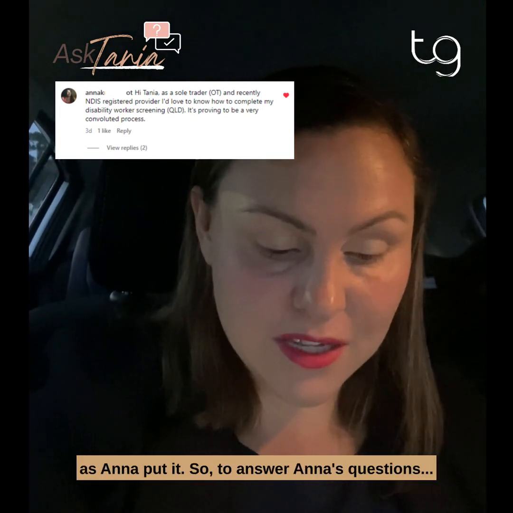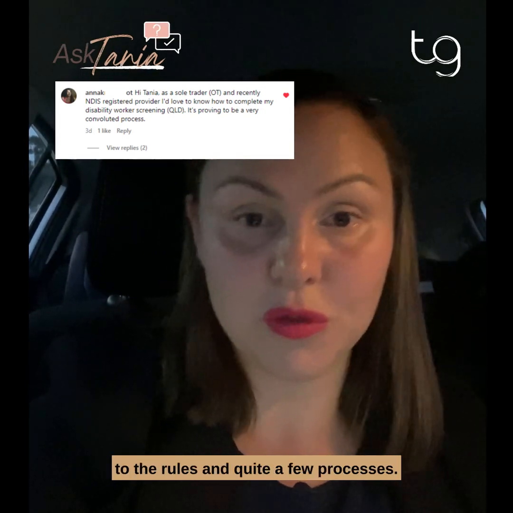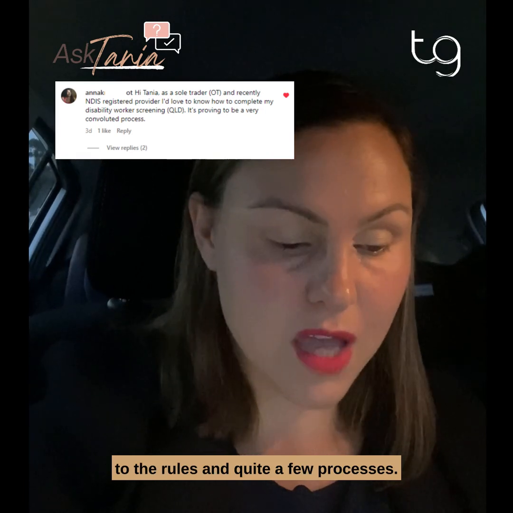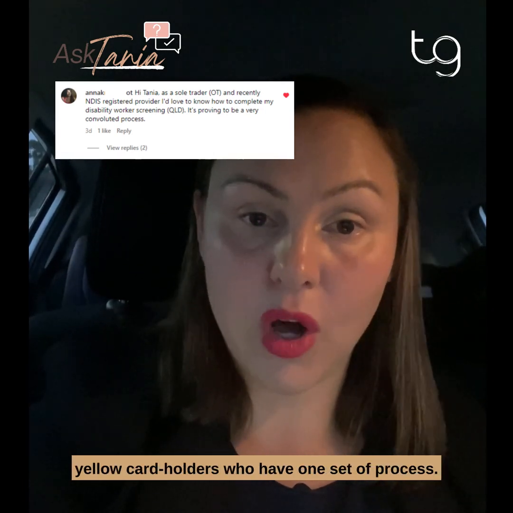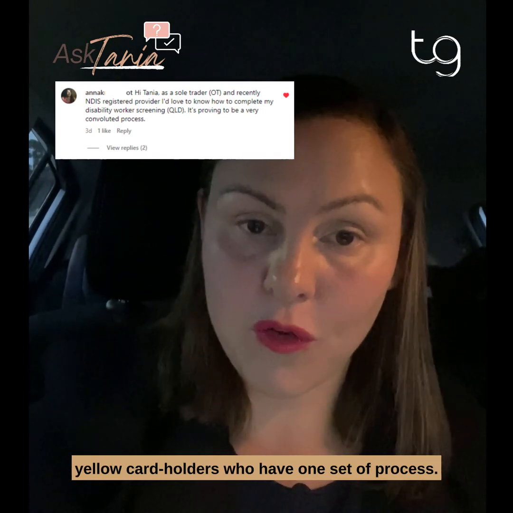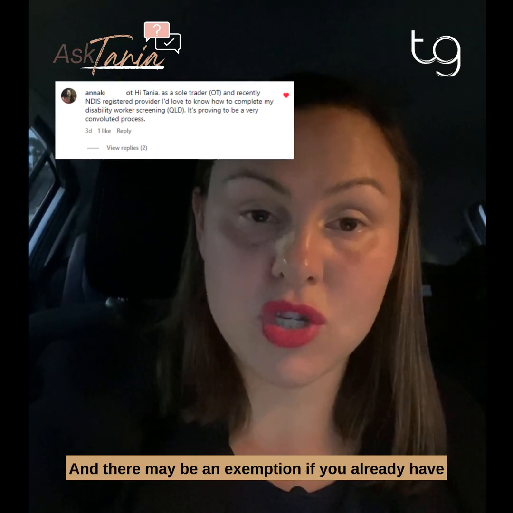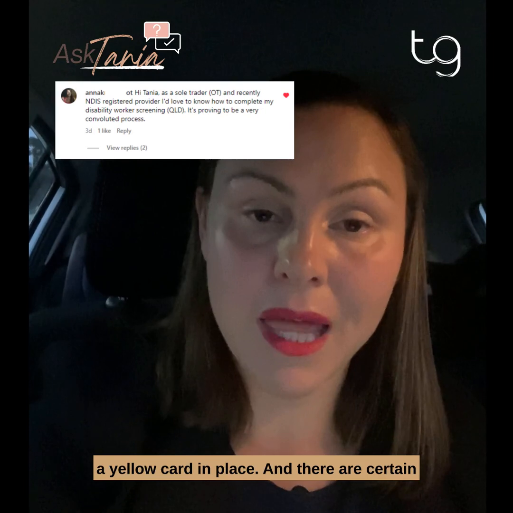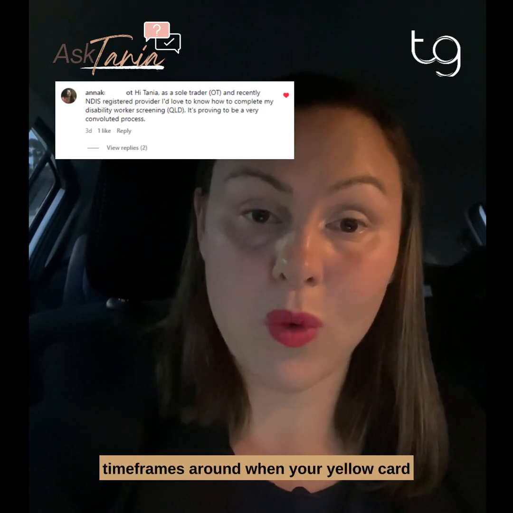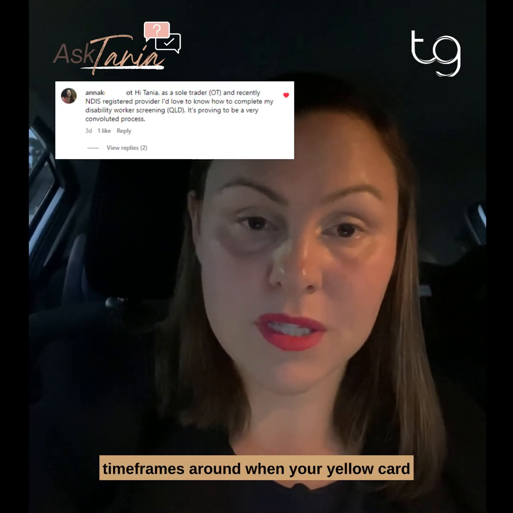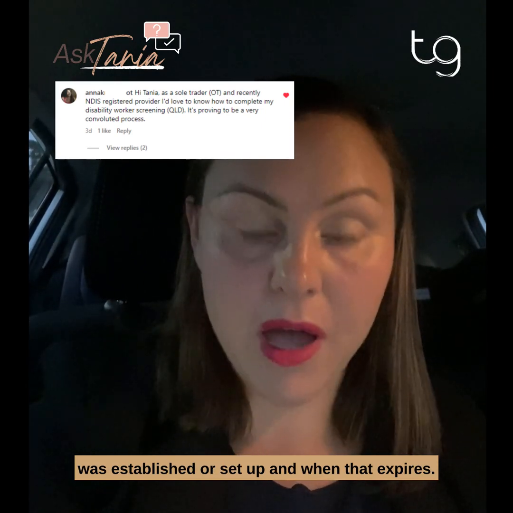So to answer Anna's question, for Queensland there are quite a few exceptions to the rules and quite a few processes. In Queensland, you have your existing yellow card holders who have one set of processes, and there may be an exemption if you already have a yellow card in place, and there are certain time frames around when your yellow card was established and when it expires.